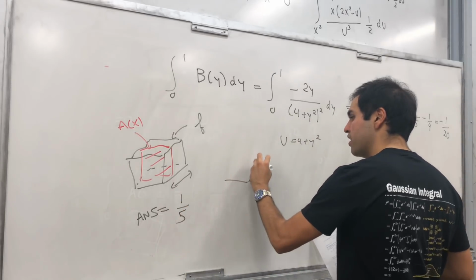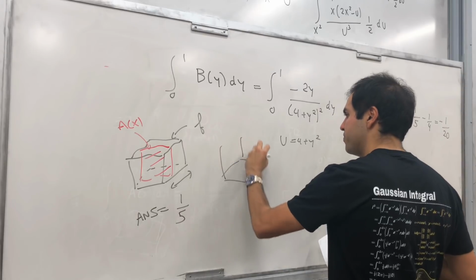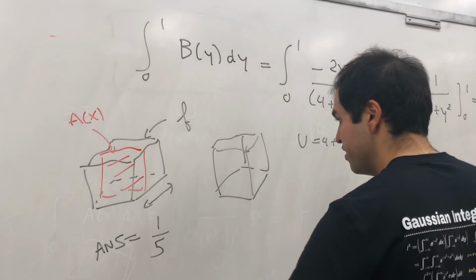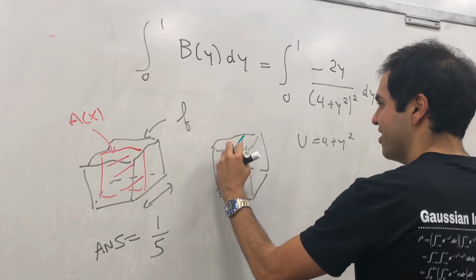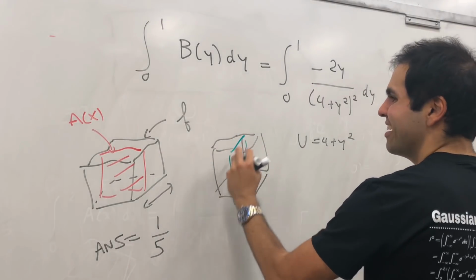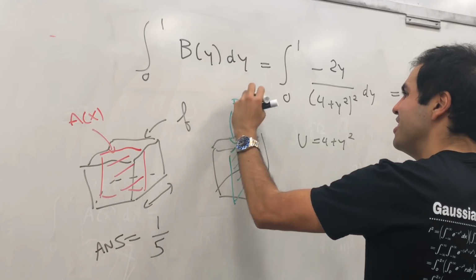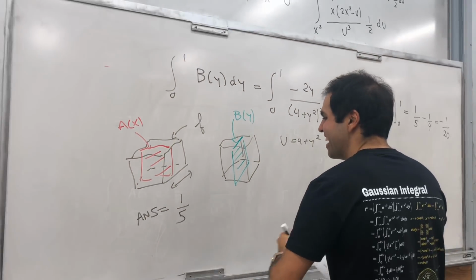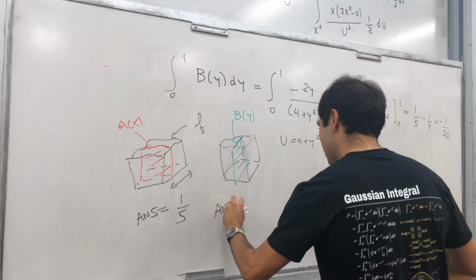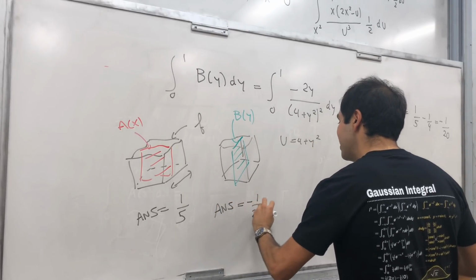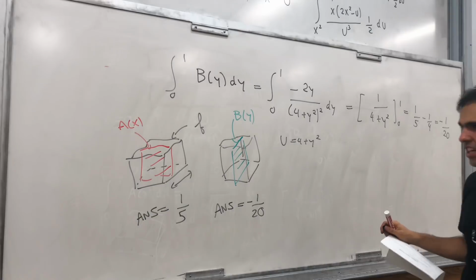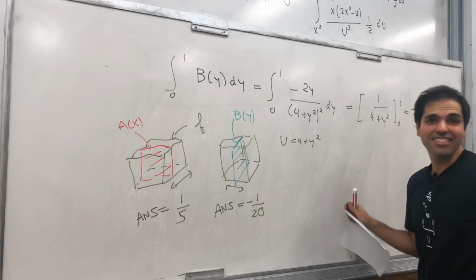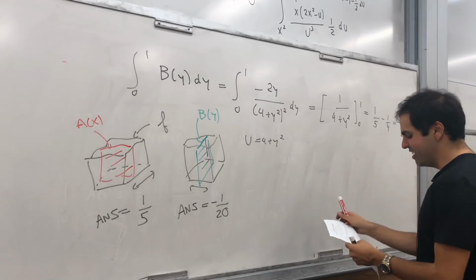On the other hand, if you slice it like that, and you do it like this, with dy, again, there are two kinds of people in this world. The dx people or the dy people. Which one are you? Figure that out. Then you get the answer is minus 1 over 20. On the other hand, you know, they should all calculate the same thing. So the question is, what is right, what is wrong?